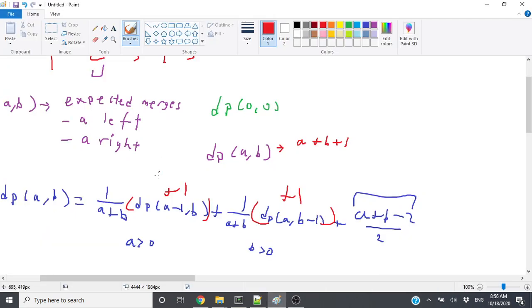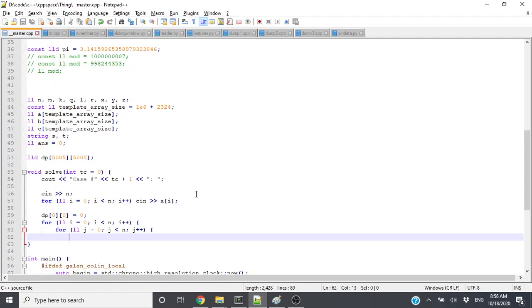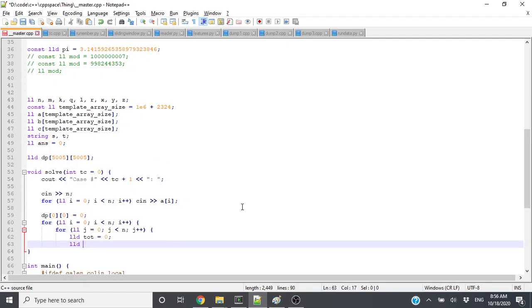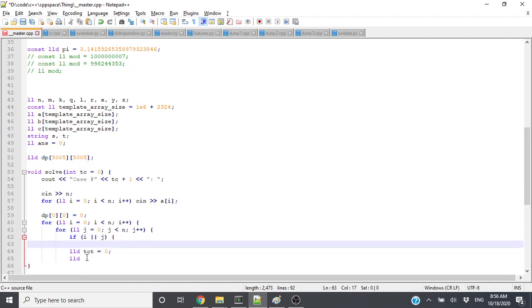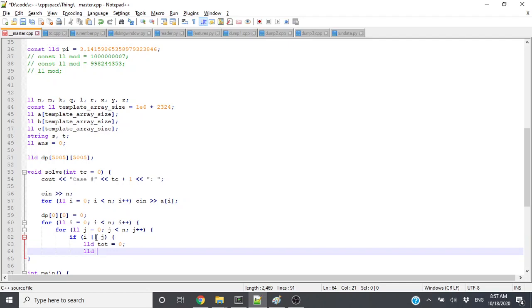Right, okay, so we can have at most n minus 1 on the left and right. So long double tot equals 0. This is saying if either of them is greater than 0, otherwise we've already computed it.